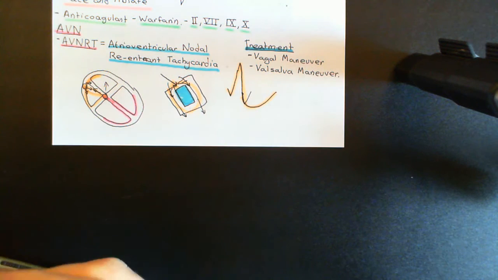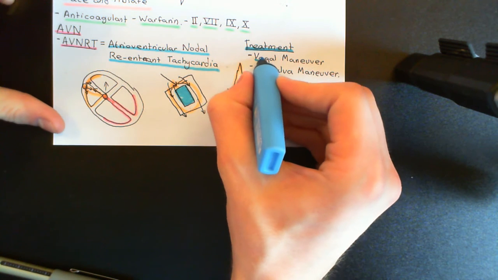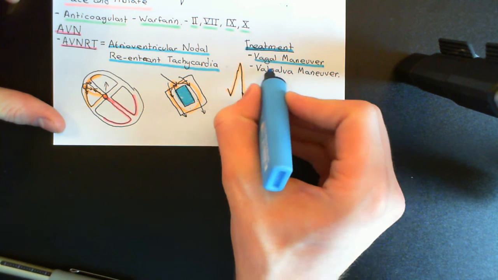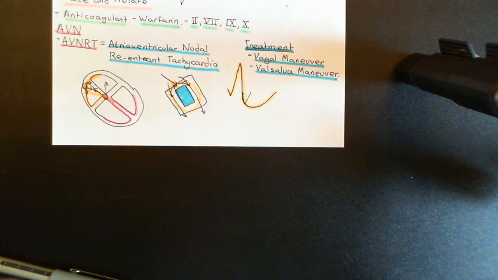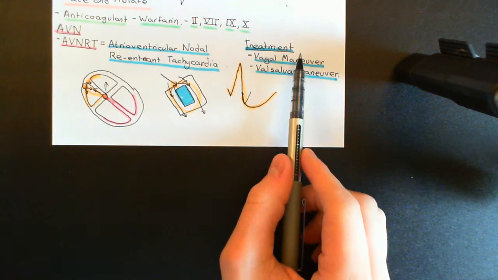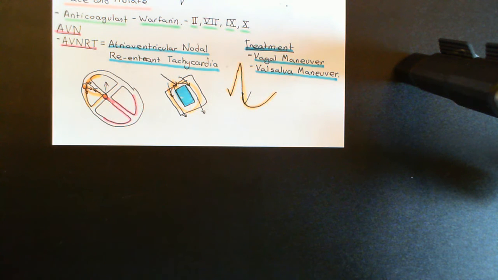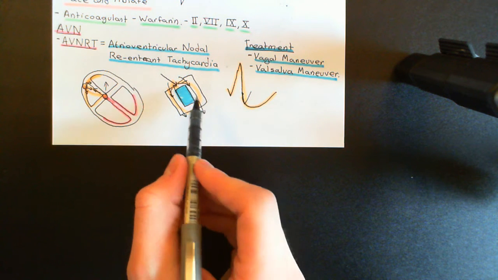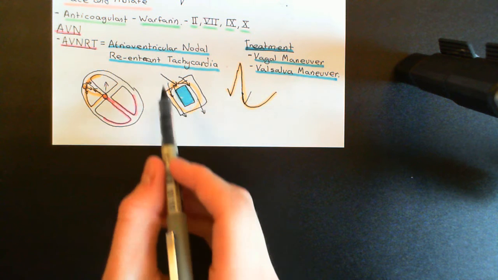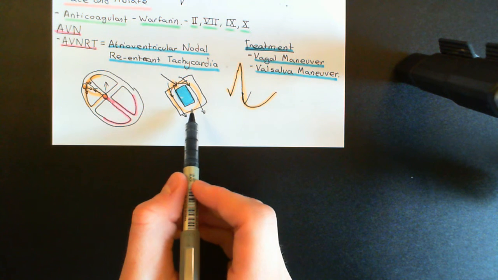Now, there are two manoeuvres here that you can do to actually reduce the rate at which atrioventricular nodal cells conduct action potentials, which are the vagal manoeuvre and the valsalva manoeuvre. And the way that these are going to work is they're going to result in an increase in the parasympathetic nervous system excitation or signalling onto the atrioventricular node.